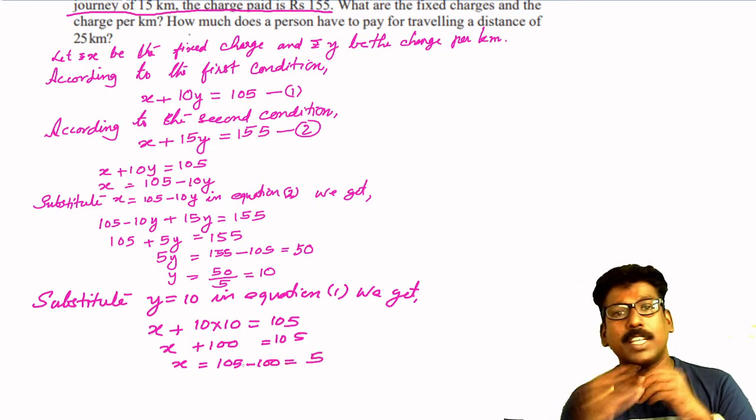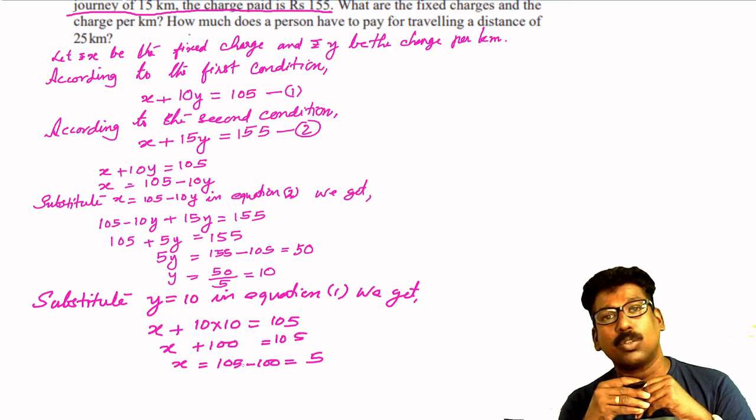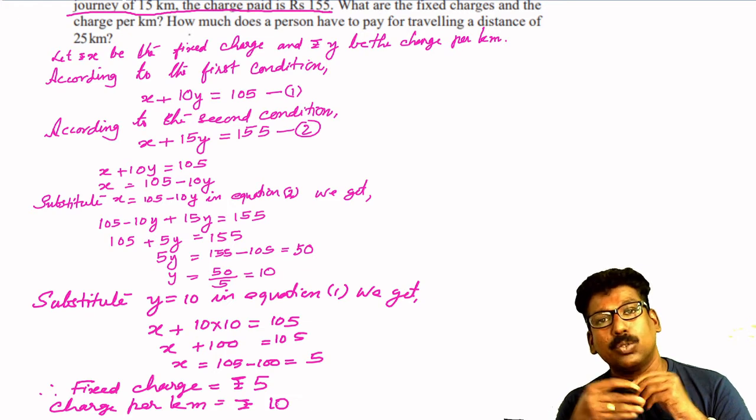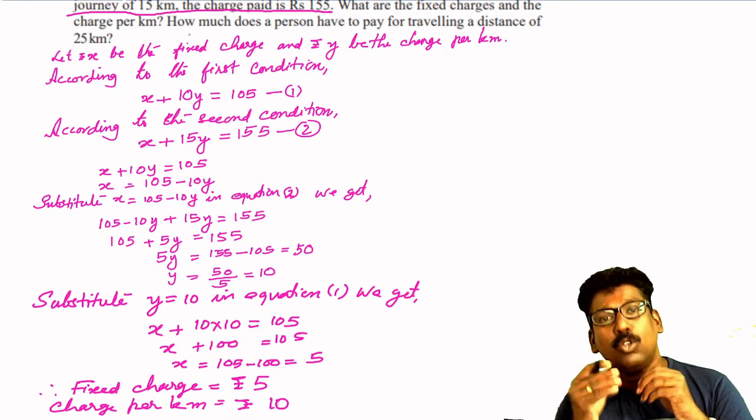So y is equal to rupees 10 and x is equal to rupees 5. So we can write the conclusion as fixed charge is equal to rupees 5 and charge per kilometer is equal to rupees 10.